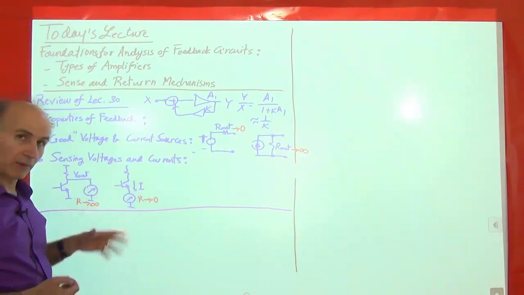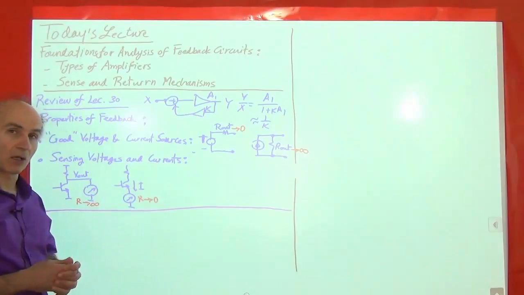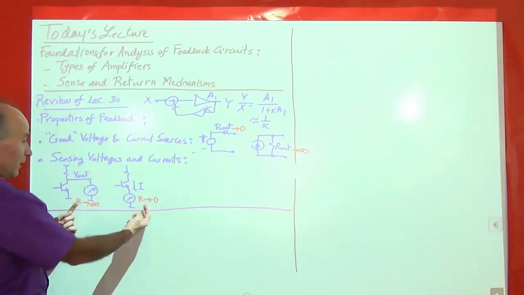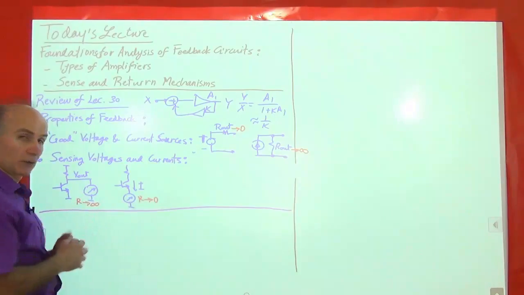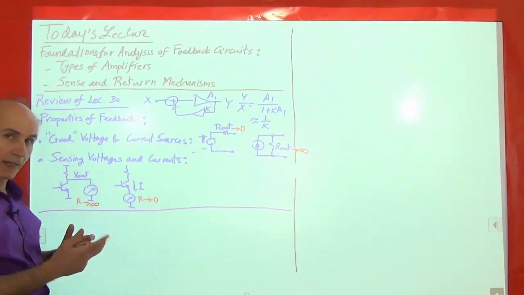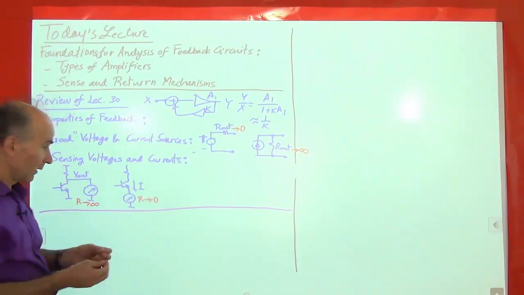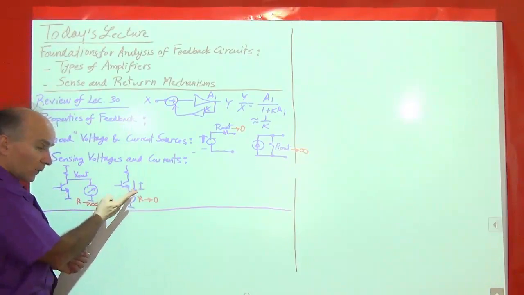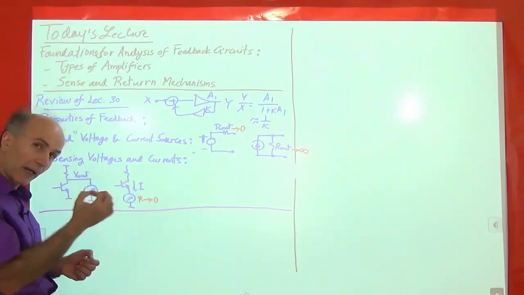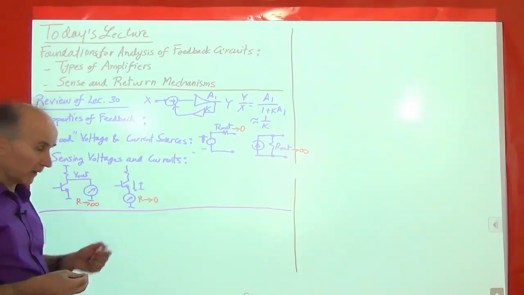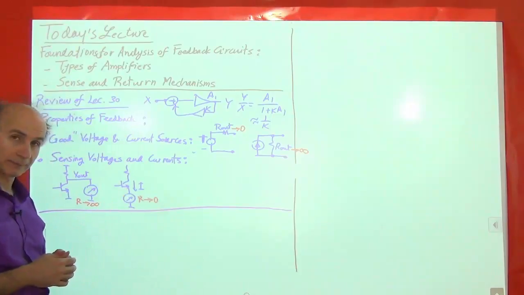The circuit doesn't feel the existence of the current meter. Okay, so those are again two important principles that we need to know. Any circuit that is supposed to measure a current, sense a current, will go in series, will cut the wire, put it in series, and that circuit must have a very low impedance between these two terminals.